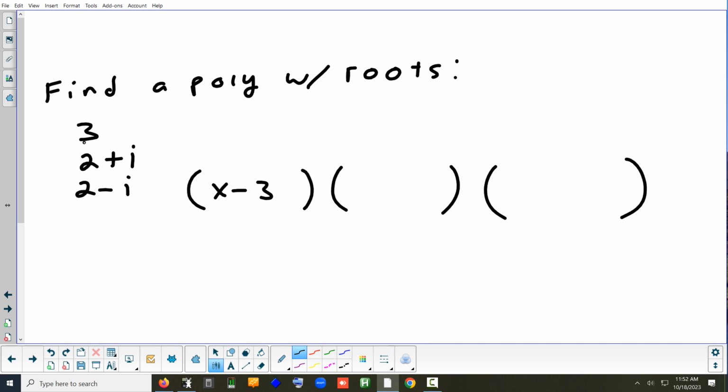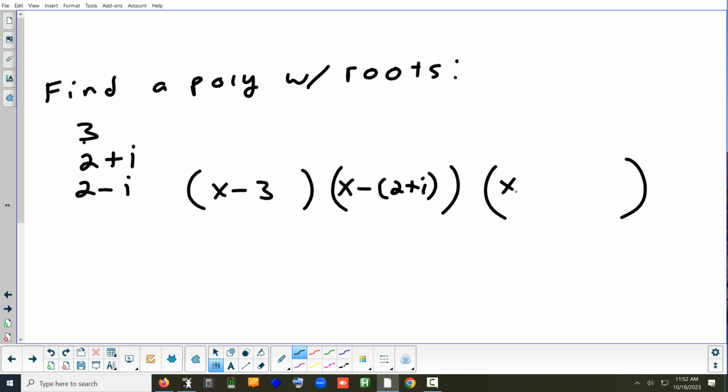That's the pattern. It's always x minus, and then write down the root. So what do you think the second one would be? What's the root? 2 plus i. The whole root is 2 plus i. That's x minus the root.